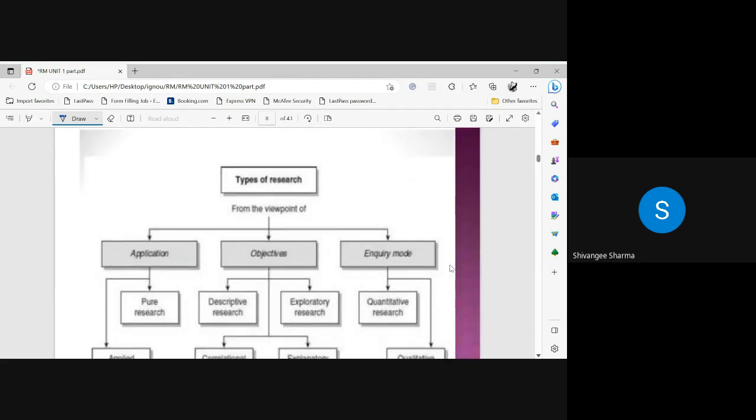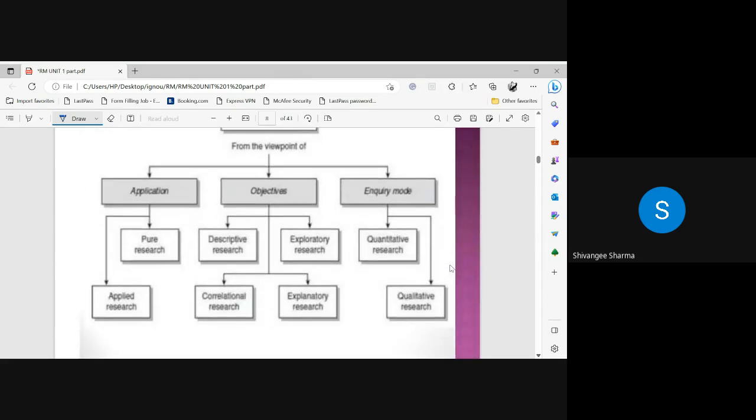So this is basically types of research from the viewpoint of application, objectives, and inquiry mode. When it comes to application, we have pure research and applied research. Applied research is generated from already established theory. If there is an already established theory and you are applying something from that, then that is applied research.